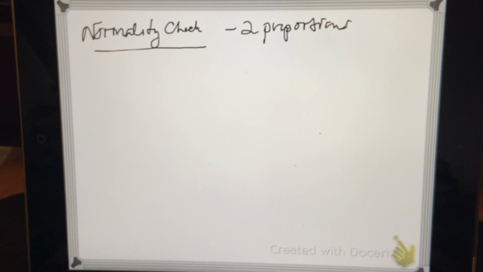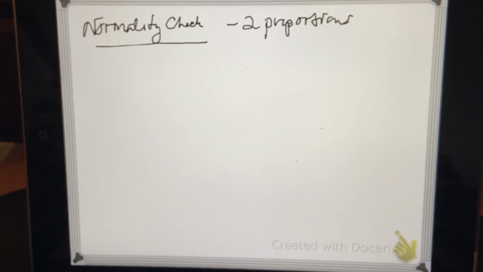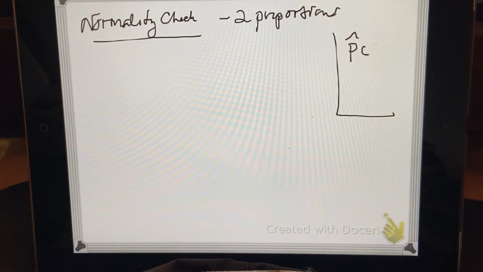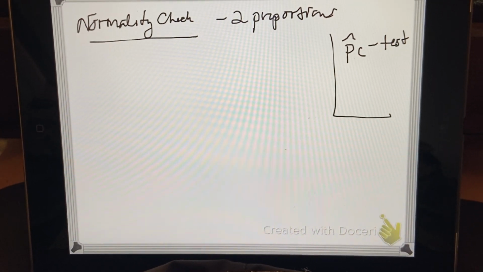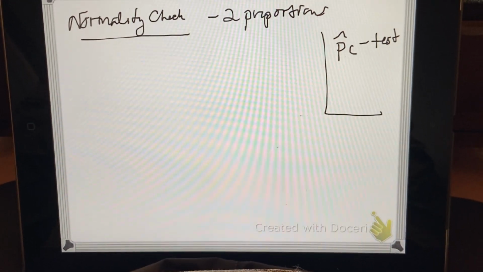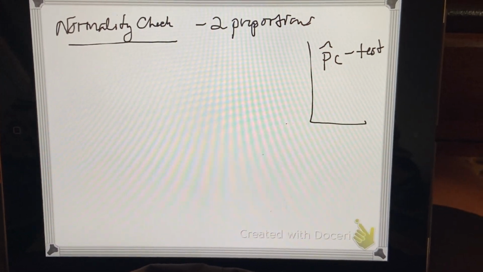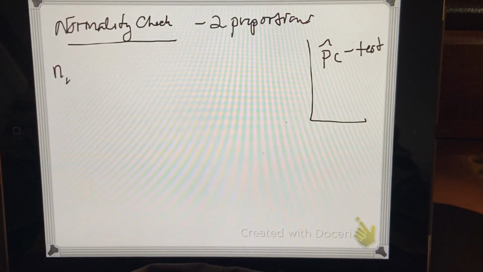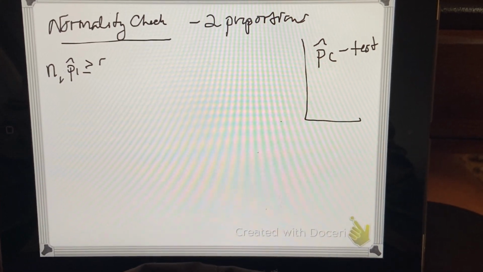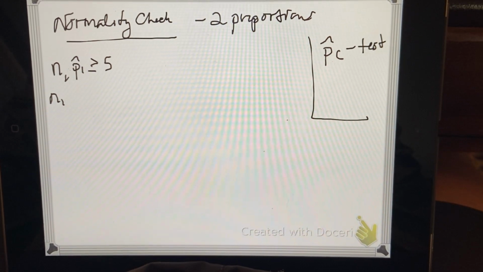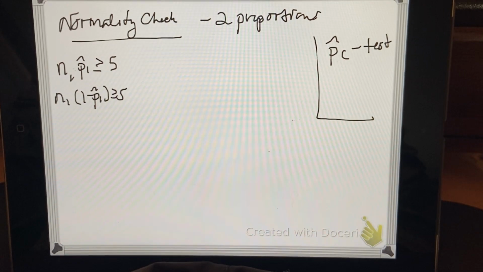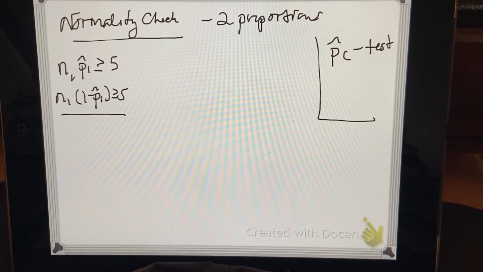Well, remember in the test I used p-hat combined. But with the confidence intervals, we go back and use the original p-hat 1, p-hat 2. So I'm doing n1 times p-hat 1 greater than or equal to 5, n1 times 1 minus p-hat 1 greater than or equal to 5. So let me get those taken care of for you.